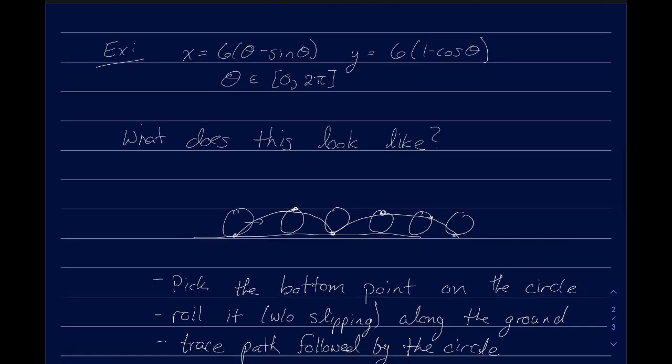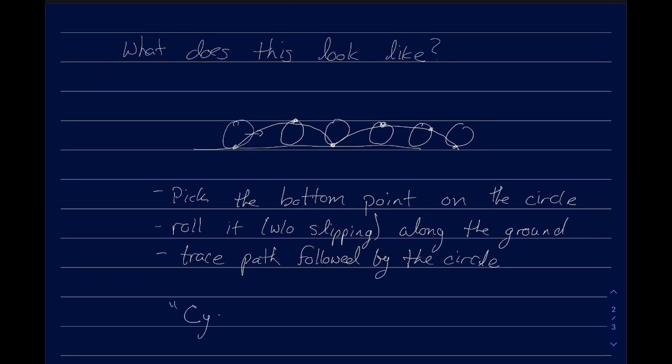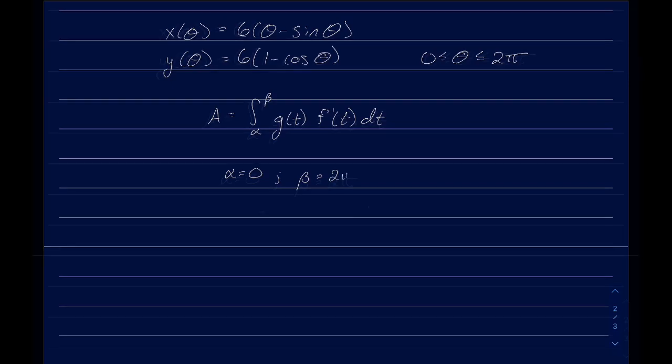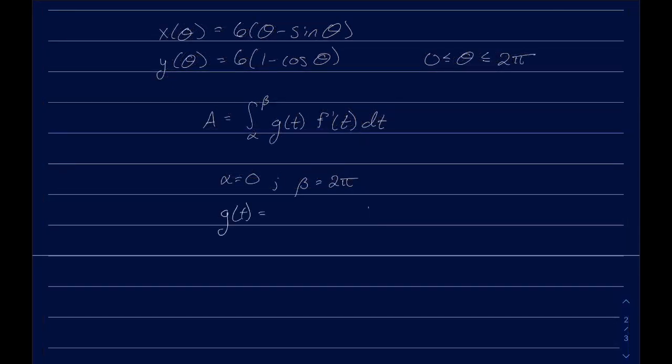So now that we know what this graph looks like, let's actually find the area underneath the curve of it. We're just going to rewrite what x and y are in terms of theta and our bounds for theta. So area, again, remember, is the integral from alpha to beta of g of t f prime of t dt as our general formula. In our case, alpha is going to be 0, beta is going to be 2 pi. g of t is actually equal to y of theta, so that's going to be 6 times the quantity of 1 minus cosine theta.